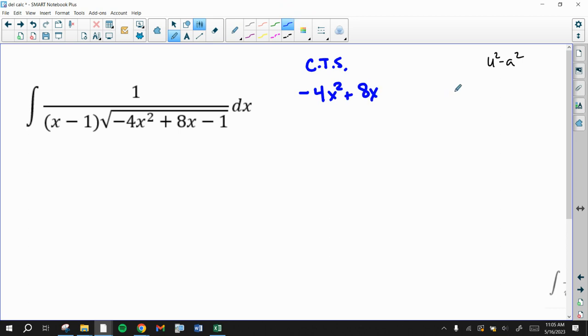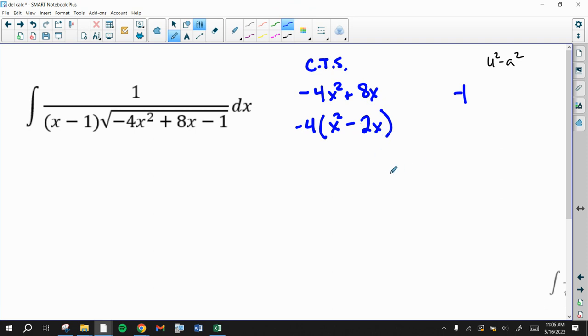I'm going to save this minus 1 and complete the square on these first two terms. So the first thing we're going to have to do is factor out -4. And it's useful to keep the 1 completely separated here because now you don't have to worry about it.